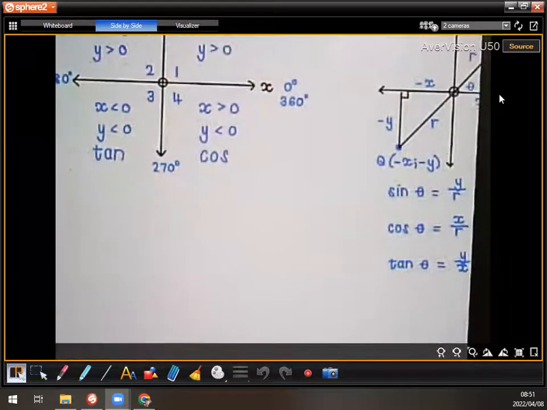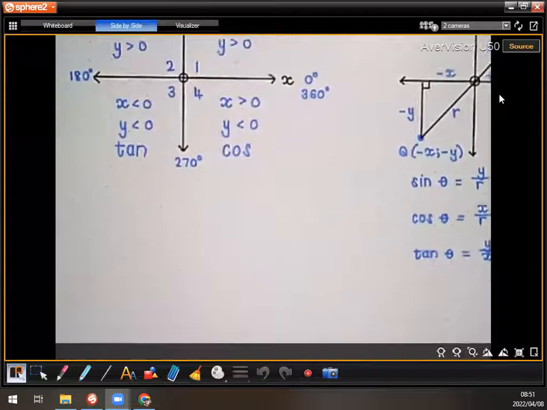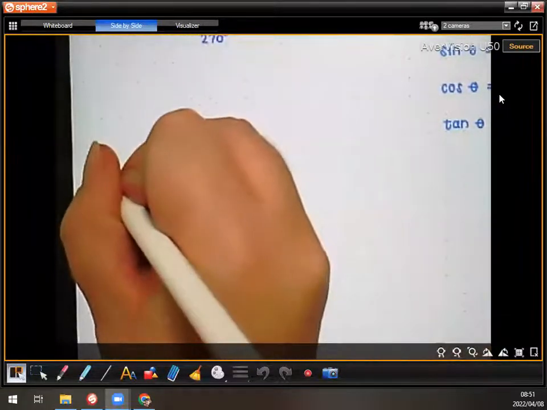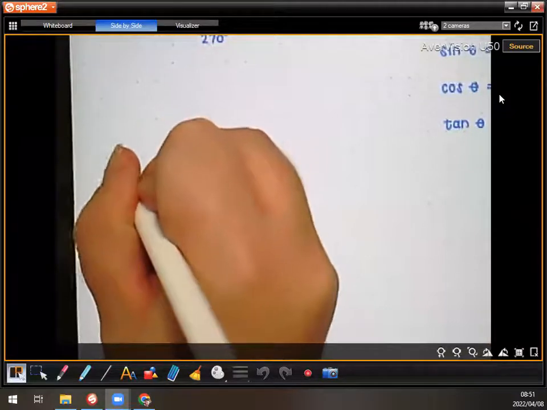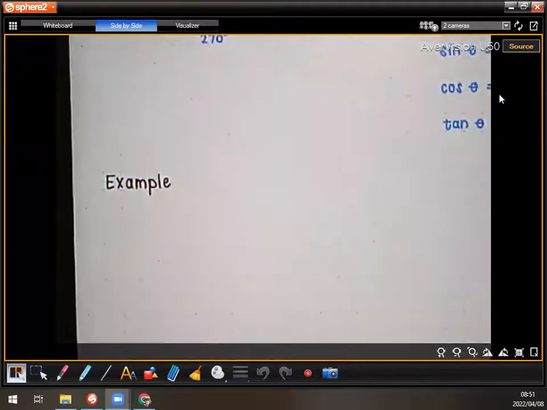All right, guys, I'm not sure if we'll get through the whole example, but let me just show you quickly an example here. So let's write down. You'll get a positive answer, yes, but then because of the diagram, you need to put it in this thing. You'll see now when we're doing an example.